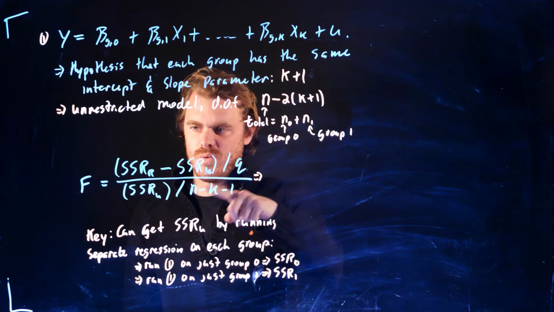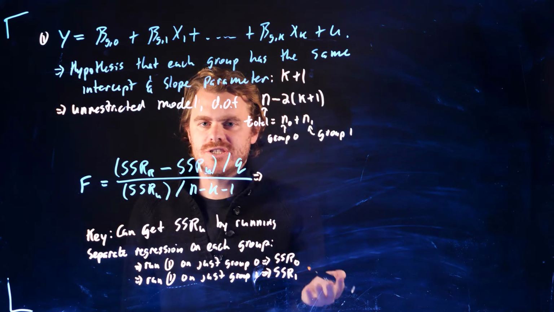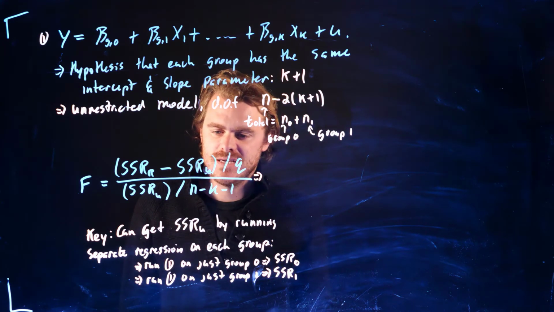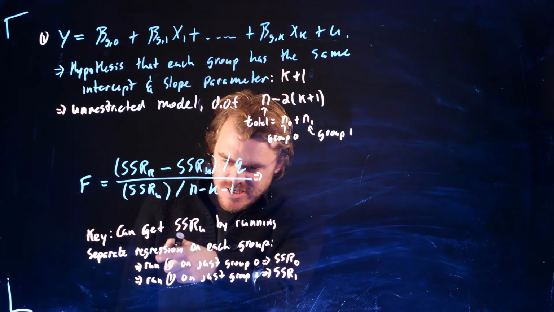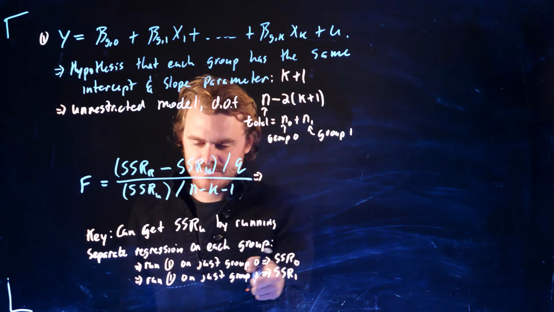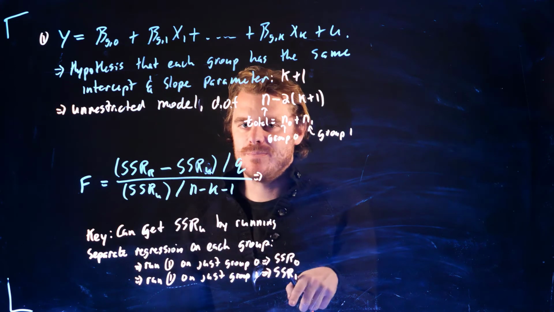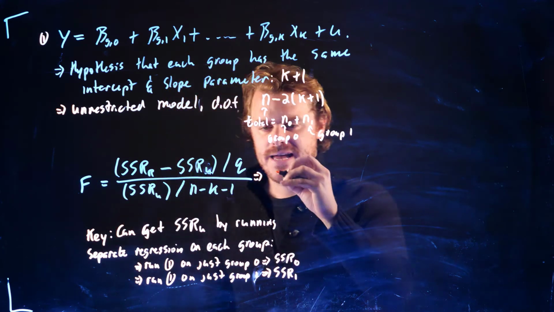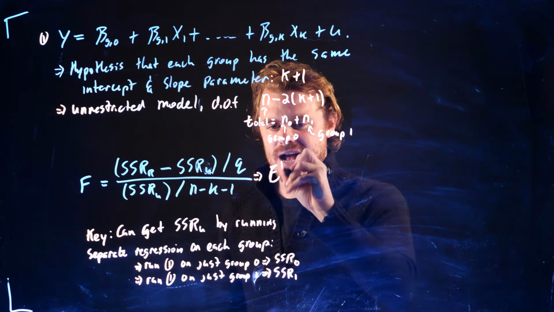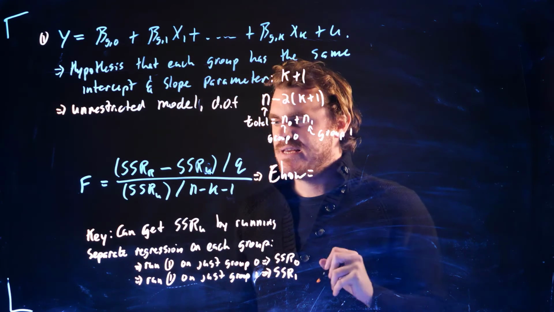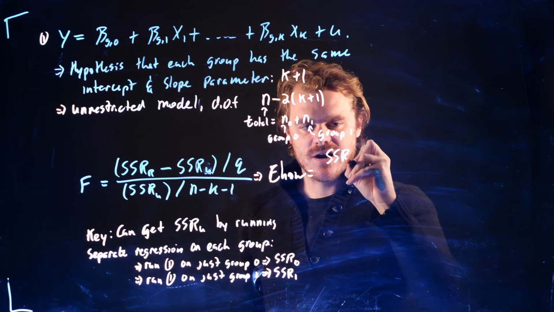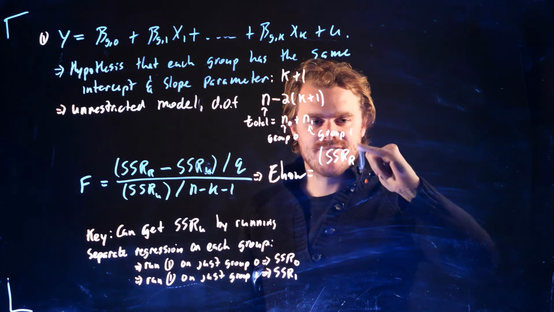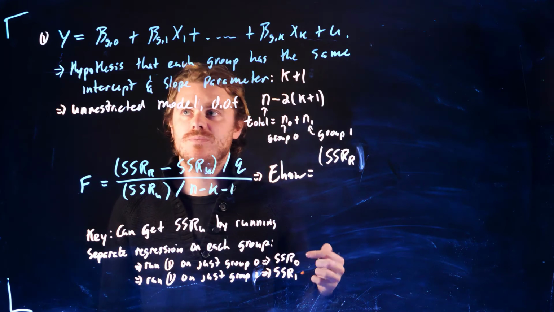And then we can think about what our F-stat looks like. We're calling it a Chow test, but essentially it's a special case of an F-test. We can use this key fact to help us simplify what regressions we have to run. And so now the F-test, or the Chow test, let's just write Chow, is going to have the SSR restricted. That means that everyone has the same intercept and slope.